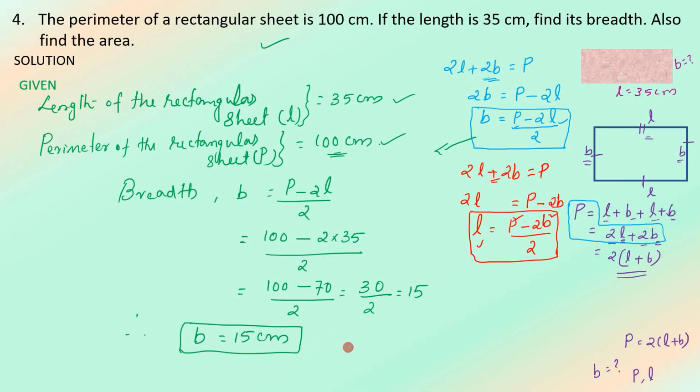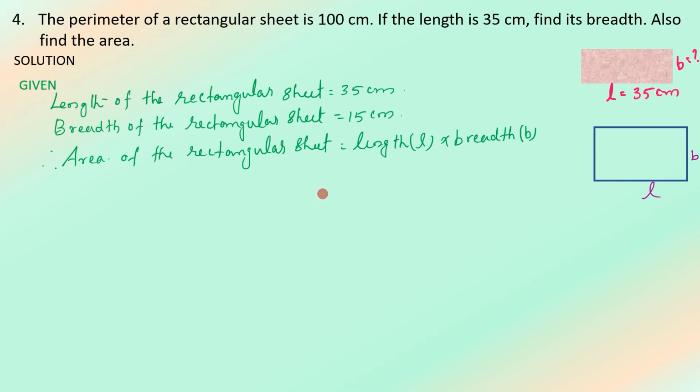Next, we have to find its area. Formula for finding the area is length into breadth. Here length is 35 centimeter and breadth is 15 centimeter. 35 multiplied by 15. 5 5s are 25. 3 5s are 15. 15 plus 2, 17. 1 5s are 5. 1 3s are 3.